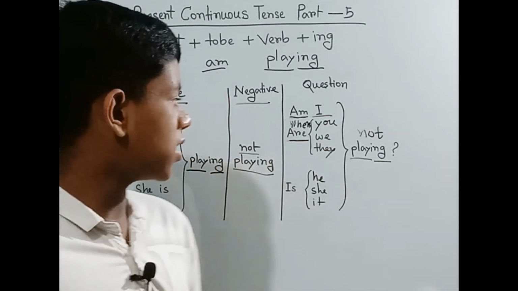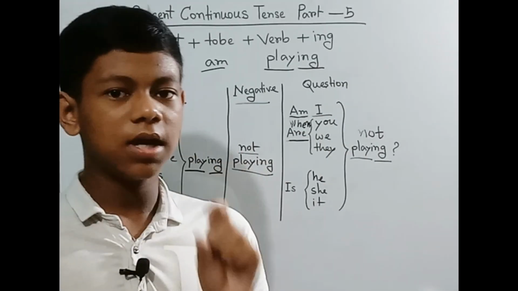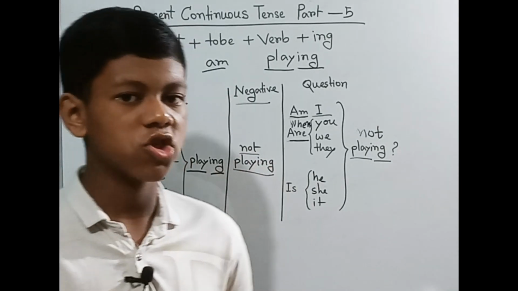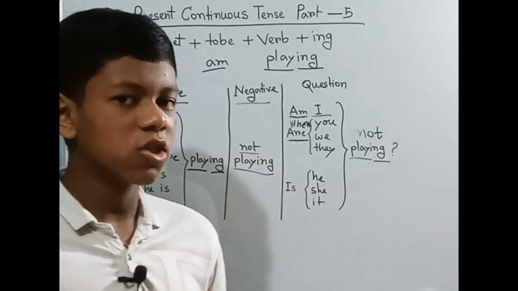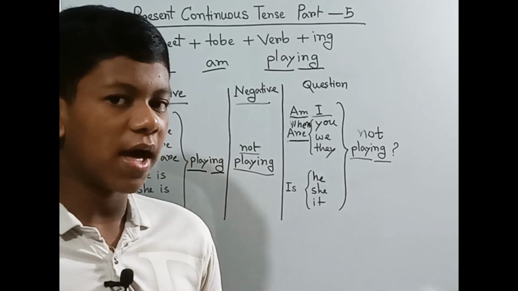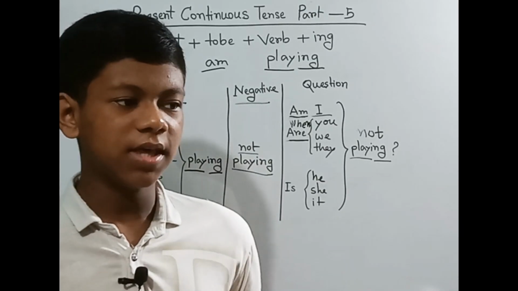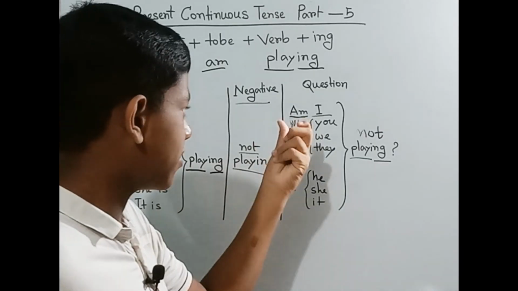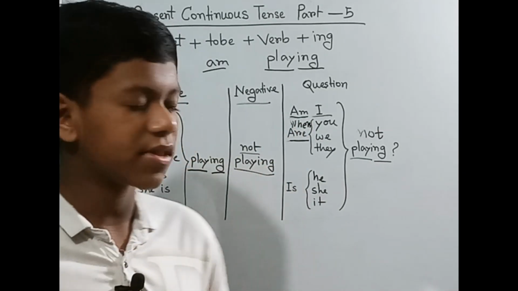Here I have written the word when. It's a simple WH question. There are many kinds of WH questions, that is how long, how much, what, where, why. These are the simple ones. But I have just taken it simply to make you all understand.